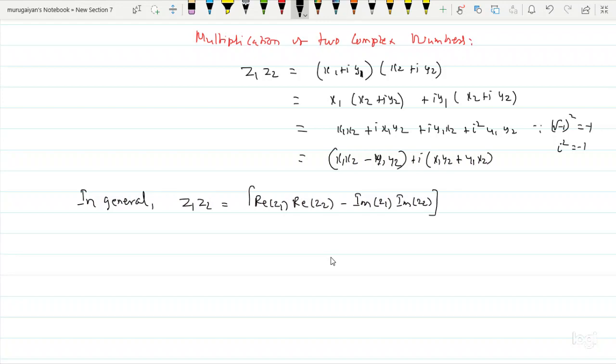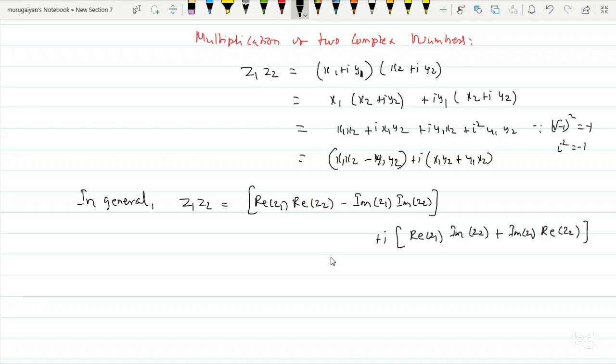This is the real part of the product, plus i into the mixed terms: real part of z1 multiplied by the imaginary part of the second complex number, plus, here the middle one is minus, here it is plus, always. This is a standard formula, and the imaginary part of z1 multiplied by the real part of z2.